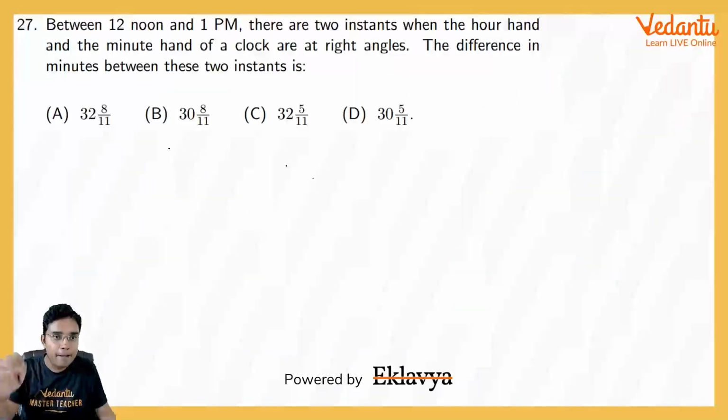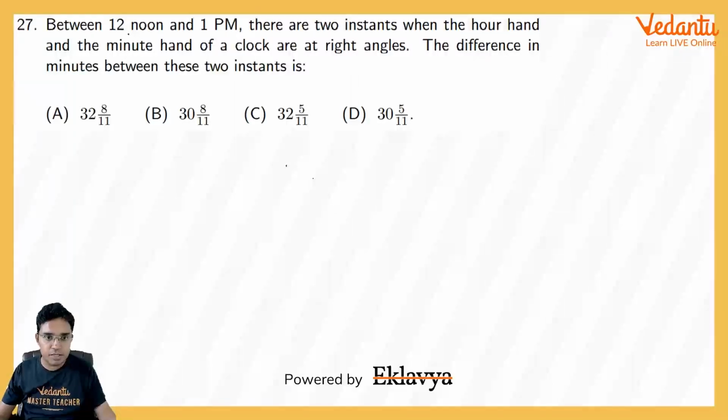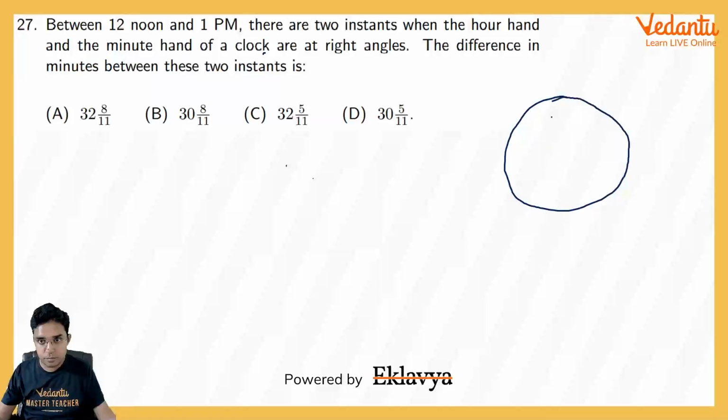Now coming to question number 27, which says: between 12 noon and 1 p.m. there are two instants when the hour hand and the minute hand of a clock are at right angle. The difference in minutes between these two instants is? So this is 12, this is 1.